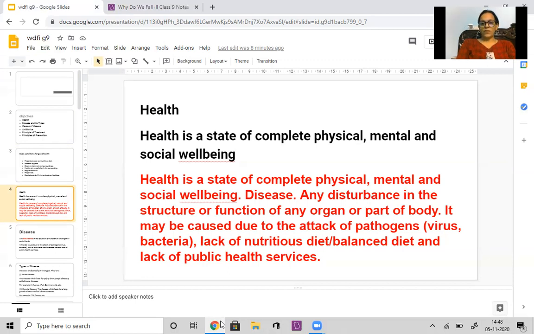Physically you have to be fit, which means all the body parts, either external or internal, are working properly. Mentally fit means you don't have any tension, your mental growth is proper, and you can work properly, right?